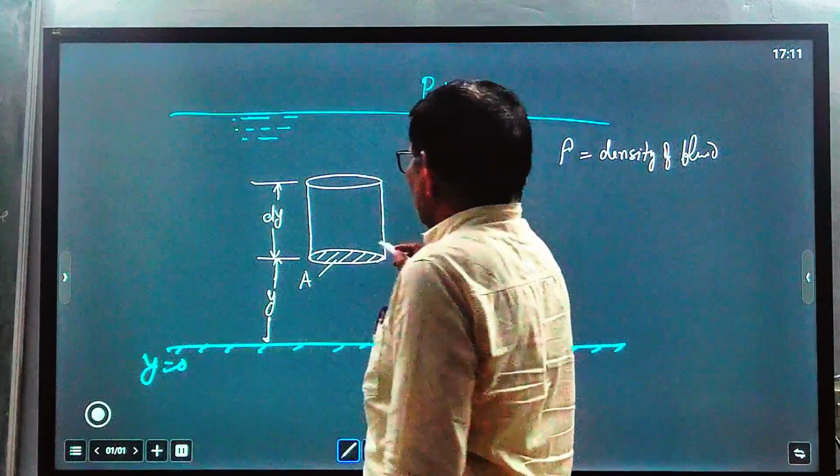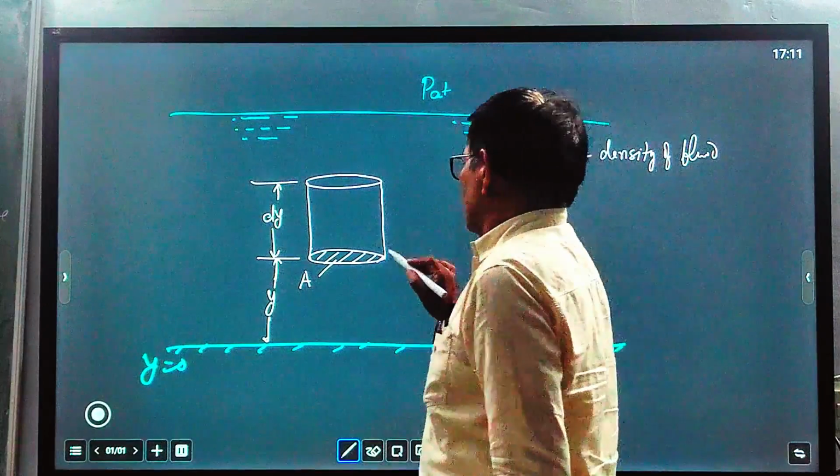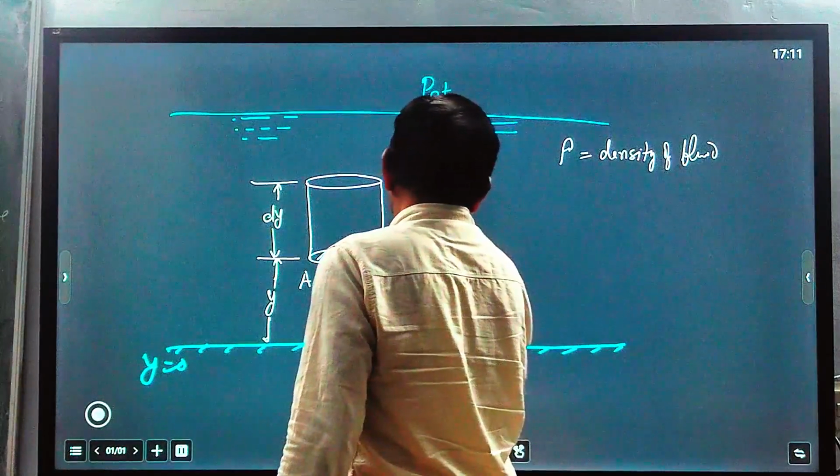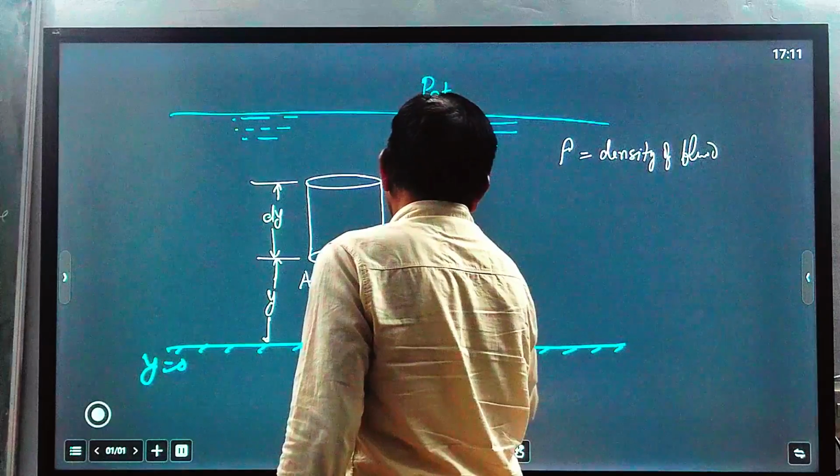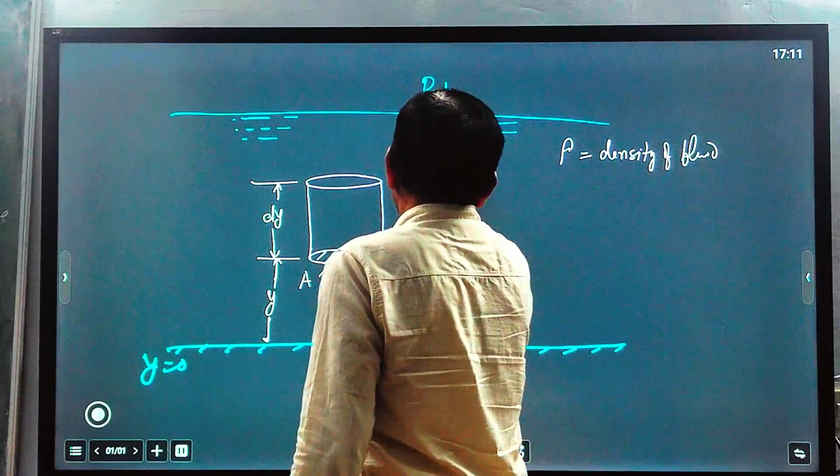Take two reference lines here. This is point y1, and take another reference point here, y2.